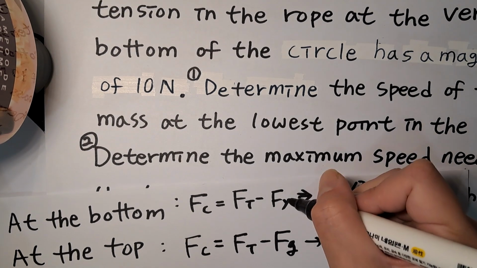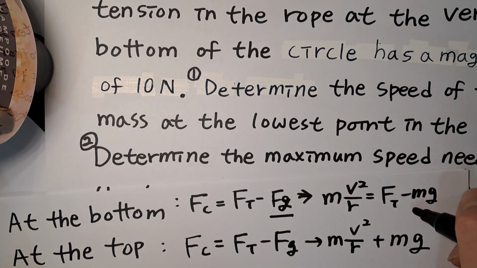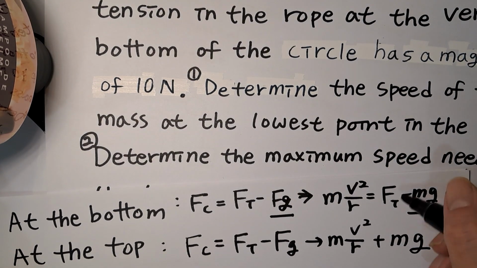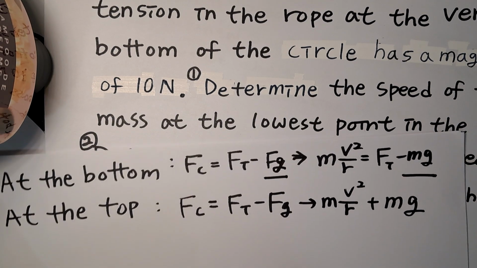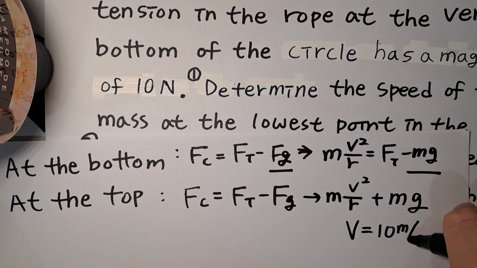In this case, the force in the y direction is going to be the force of gravity, so this is going to be gravity's value. So we can find the answer is going to be 10 meters per second.